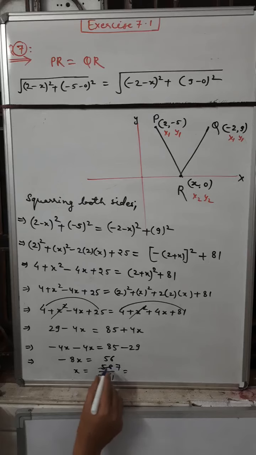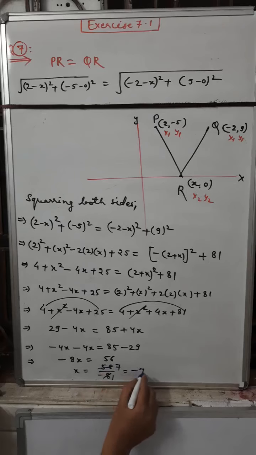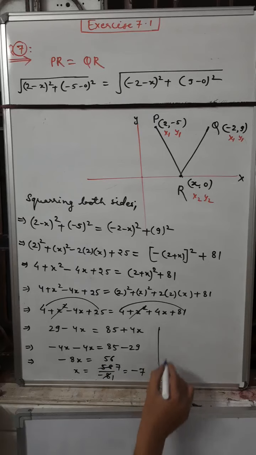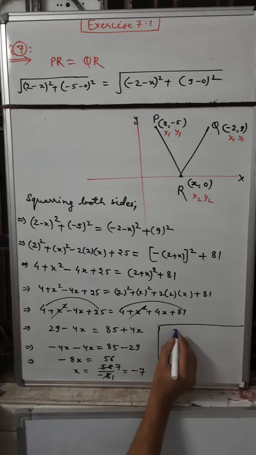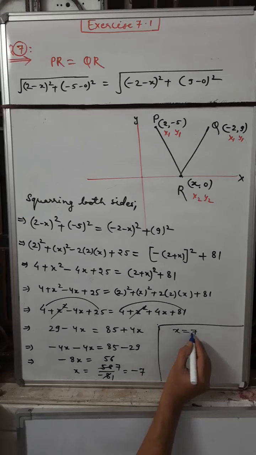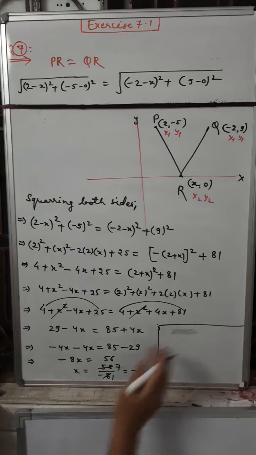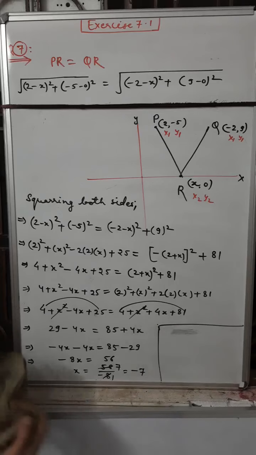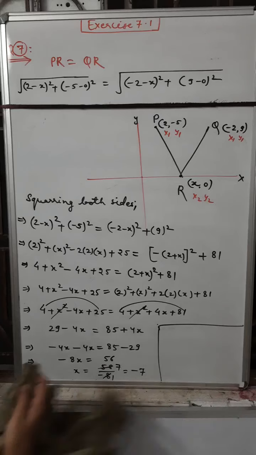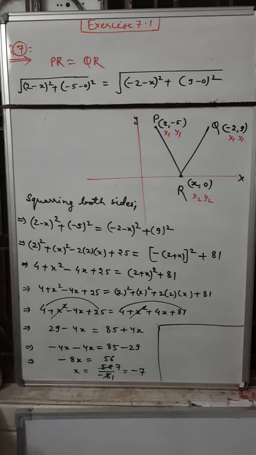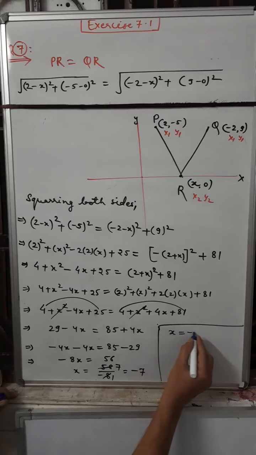So minus will come out to the numerator, and that will become minus 7. So x is equal to minus 7.